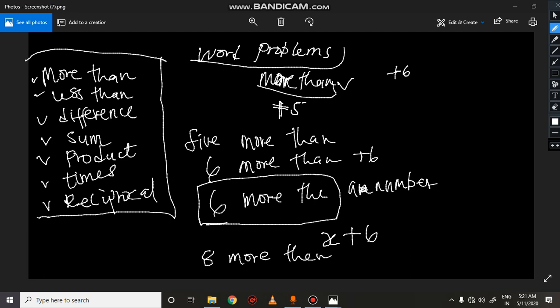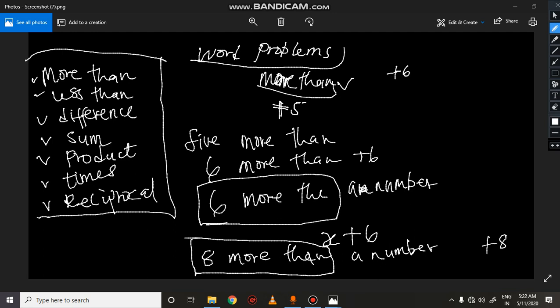You take 8 more than, which will be plus 8. Then you bring a number, the number you don't know, so you represent it maybe by x. So that's how it is. The first one is more than. Okay, let's move on to other ones.